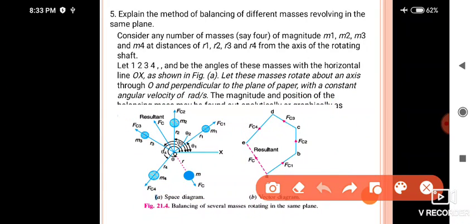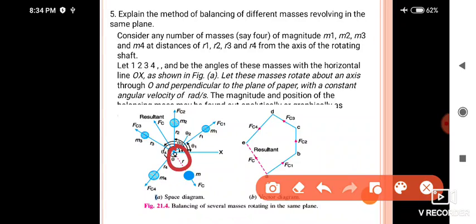So this first one is the space diagram and the second one is the vector diagram, okay. Both are necessary while explaining. So considering any number of masses, whether it may be 4 or 5 masses, magnitude of m1, m2, m3 and m4, okay, we considered 4 masses here, fixed at the distances of r1, r2, r3 and r4 from the axis of the rotating shaft, okay.